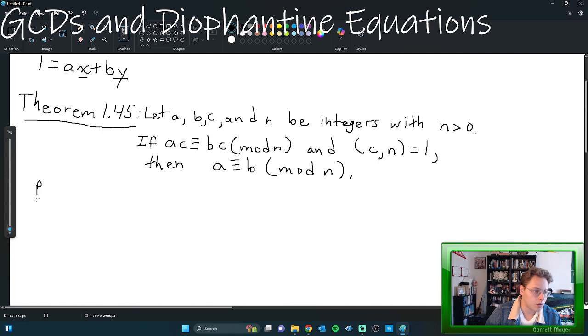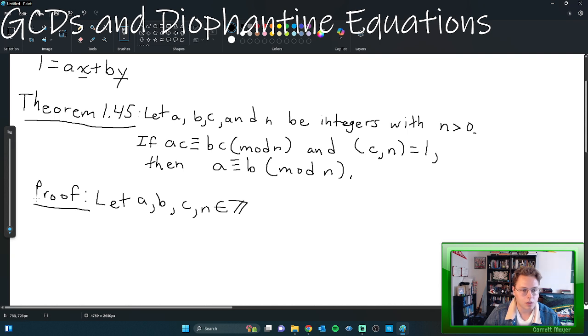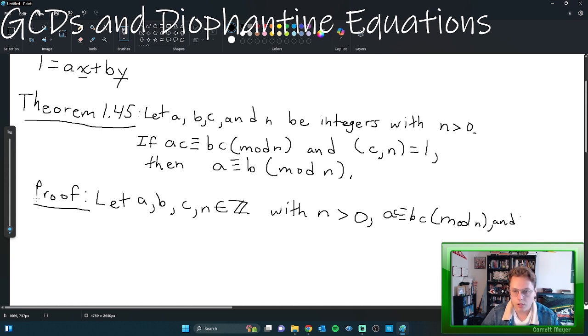So for our proof, we're going to let a, b, c, and n all be integers with n greater than 0, AC congruent to BC mod n, and GCD of C and N equal to 1.